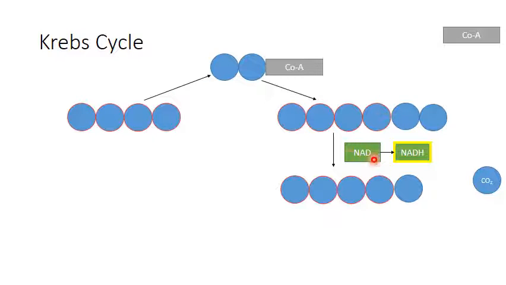Okay, and so I'm going to take NAD and I'm going to reduce it into NADH. So this compound is going to get oxidized and this compound gets reduced. So the carbon compound is losing electrons, losing energy, and NAD is gaining electrons, gaining energy. And I'm going from a 6 to a 5.